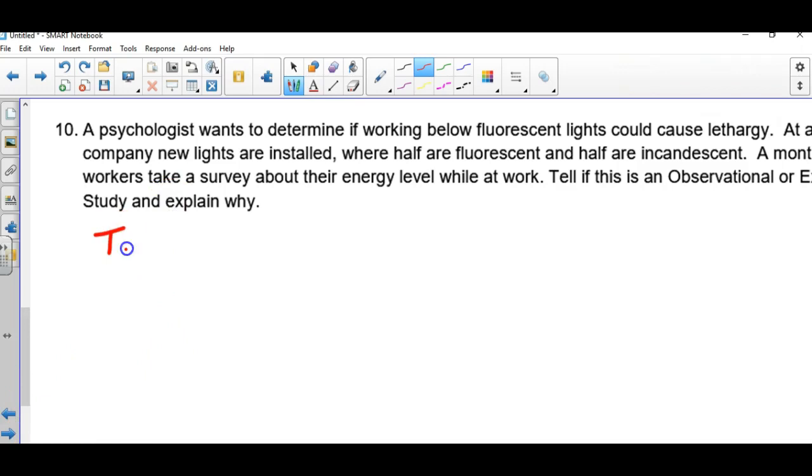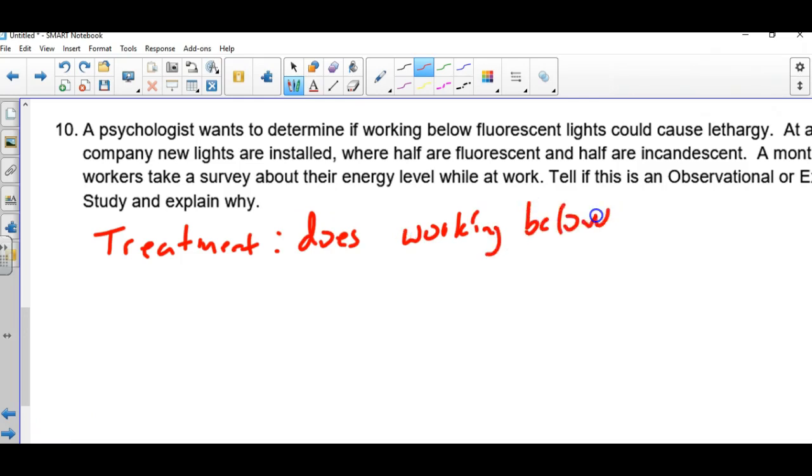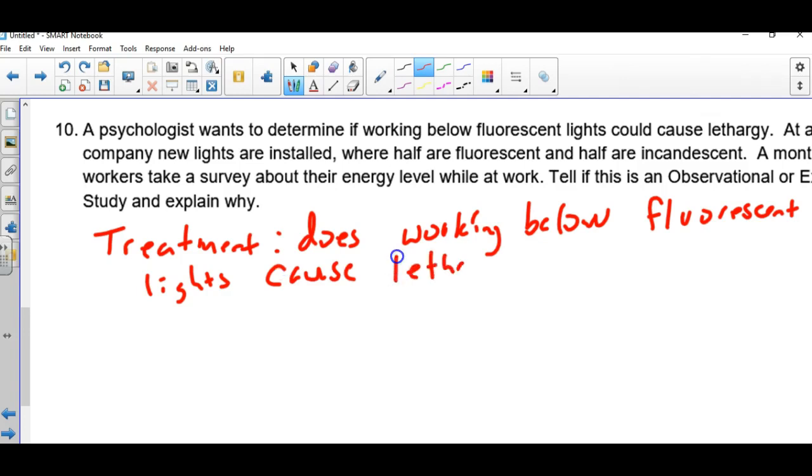What is the treatment? The treatment is, does working below fluorescent lights cause lethargy. Oops, misspelled that. And then we have the treatment group.